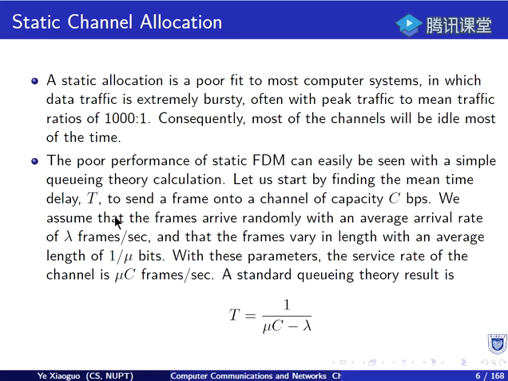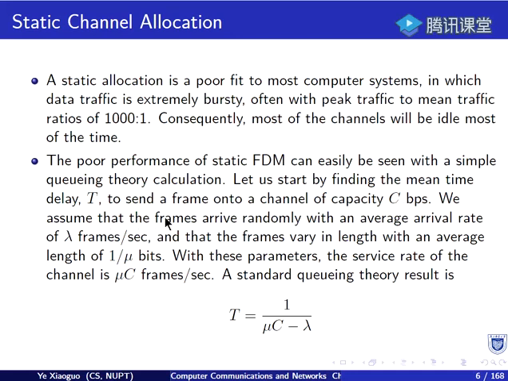The poor performance of static FDM can easily be seen with a simple queueing theory calculation. A standard queueing theory result gives T according to this equation. Here, the mean time delay is denoted by T, and the data rate is denoted by capital C bps.